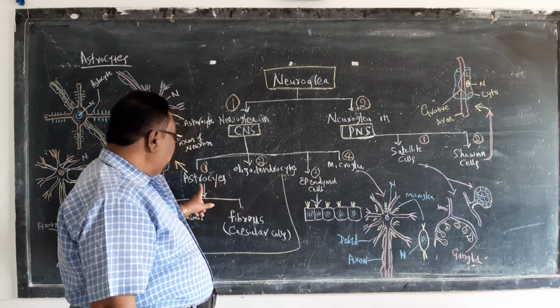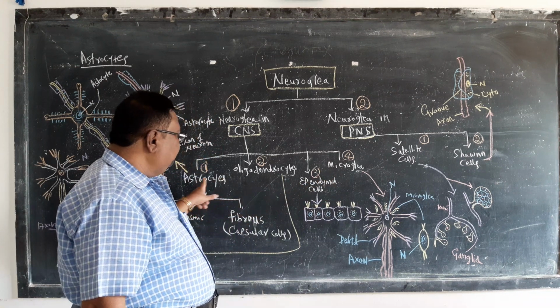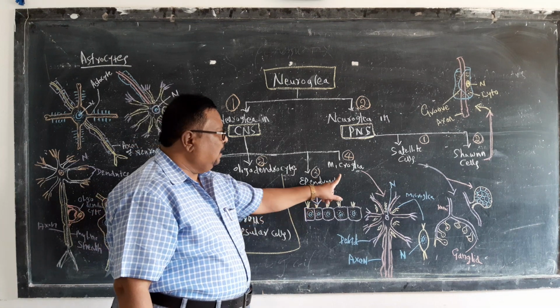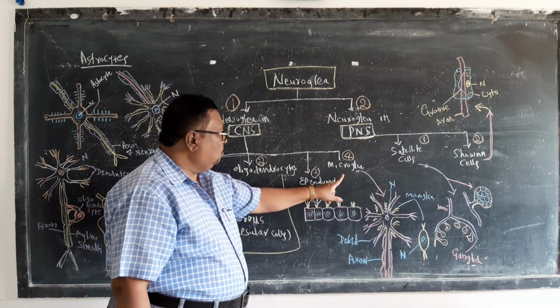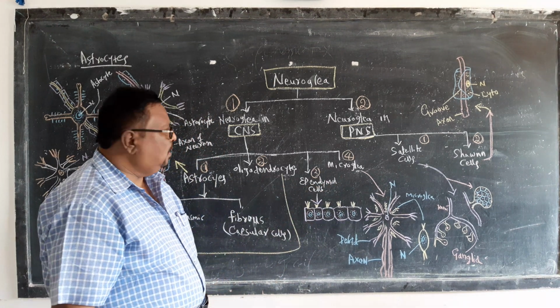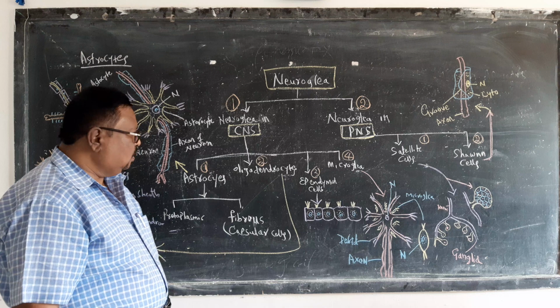Once again, astrocytes, oligodendrocytes, ependymal cells, and microglia. So there are four types of neuroglia present in the central nervous system.